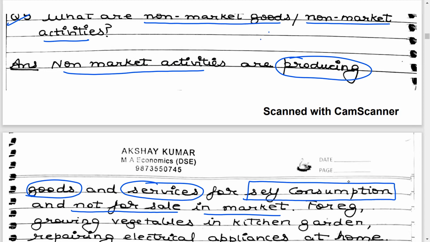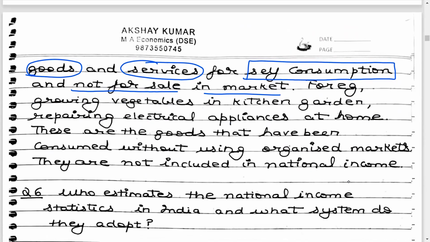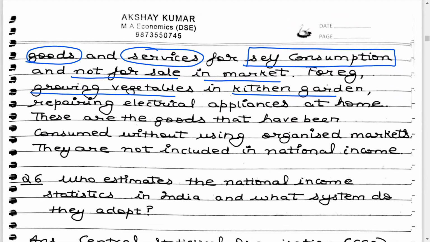If you look at the example in my lecture notes, for example, growing vegetables in the kitchen garden. When you are growing vegetables in the kitchen garden, you are consuming them. You are not selling them in the market. Whatever vegetables you are growing in the kitchen garden are used for self-consumption. They are not sold in the market. So it becomes a part of the non-market activity.